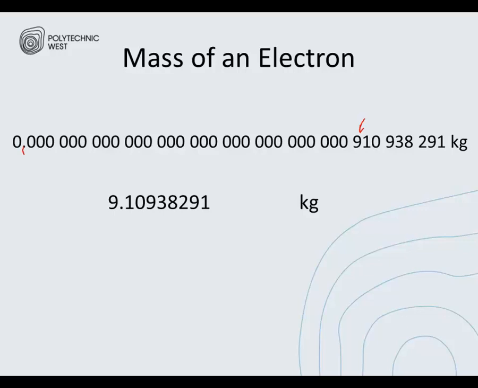So we start from here and we go 1, 2, 3, 4, 5, 6, 7, 8, 9, 10, up to 31. So we went that way by 31. And because we went that way, it's negative, and we got times 10 to the minus 31. A lot easier to deal with.